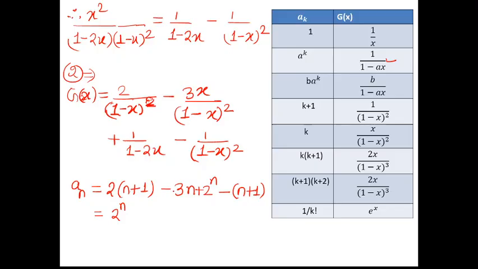Then 2n minus 3n is minus n, minus n, so minus 2n. And then what is remaining? Plus 2 minus 1, so that is plus 1. So a n is equal to 2 raised to n minus 2n plus 1. This is the required solution.